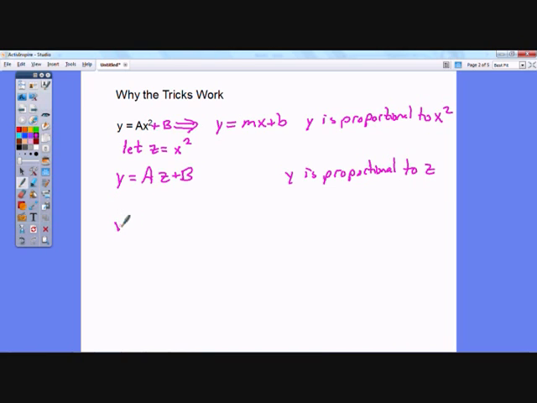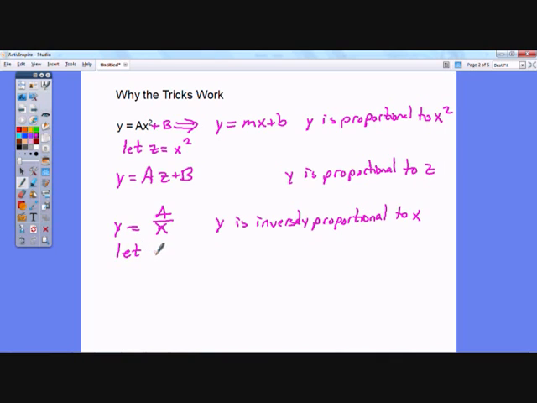If you want to look at another example, y is equal to a over x, plus b, not plus b, whatever. We'd write our statement. Our statement would be y is inversely proportional to x, because it's in the denominator.